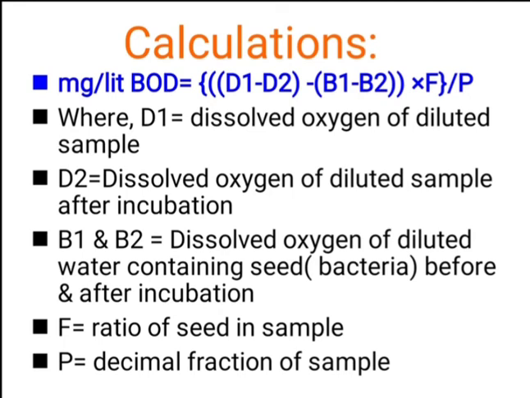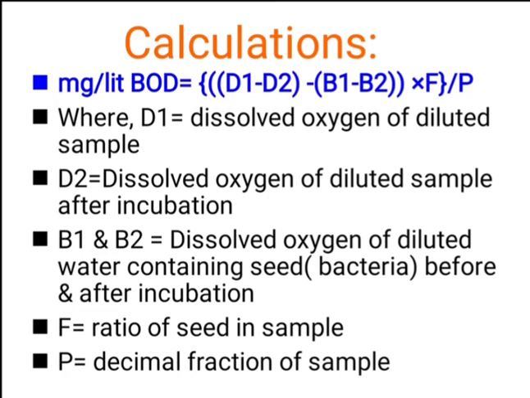So BOD is equal to (D1 minus D2) minus (B1 minus B2) into F, whole bracket, divided by P. Now here see what the terms are. D1 and D2 are the dissolved oxygens, D1 being the dissolved oxygen of the diluted sample which we have initially diluted.